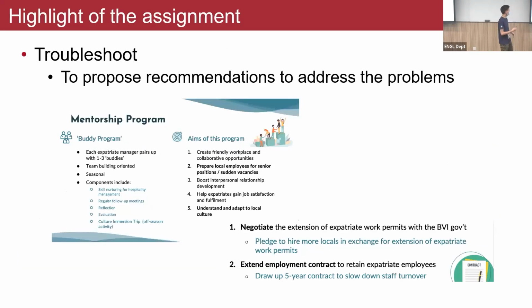Following the analysis, we started to troubleshoot the problems I just mentioned, and I proposed recommendations to address them. The solution I proposed was a mentorship program, pairing one expatriate manager with three locals to encourage them to work together and minimize the power distance between locals and expatriate managers.